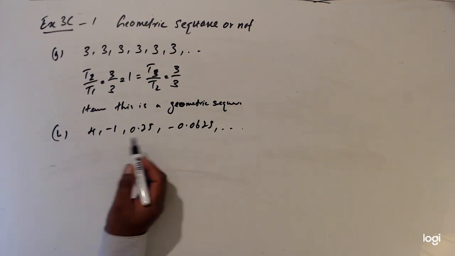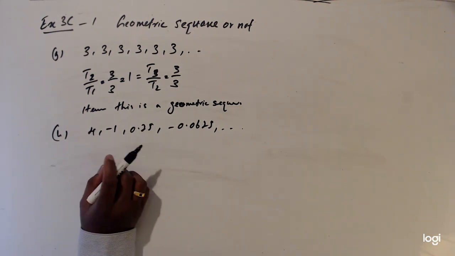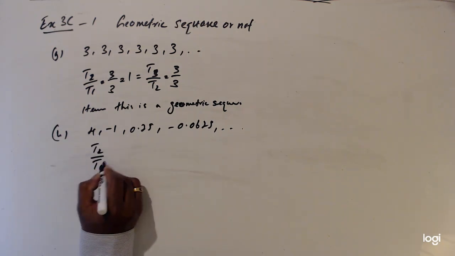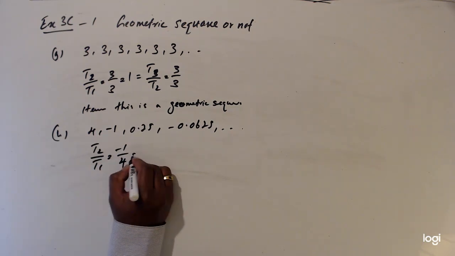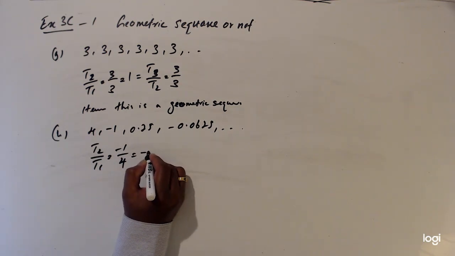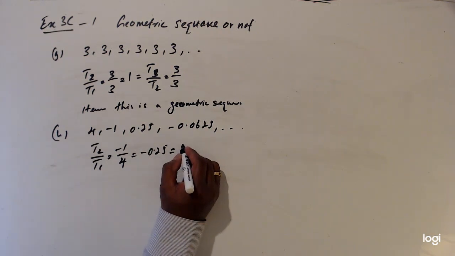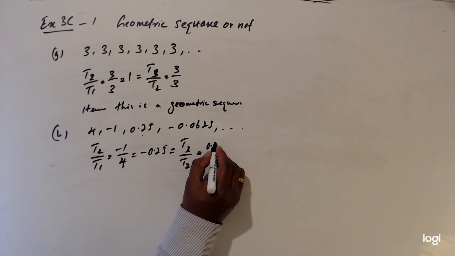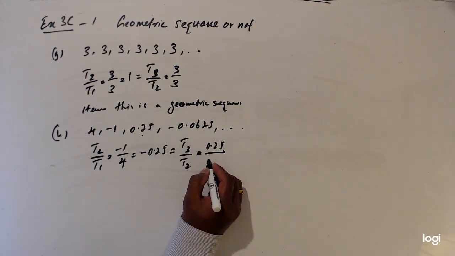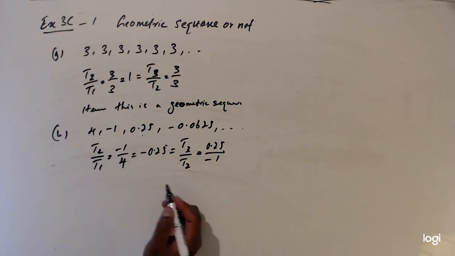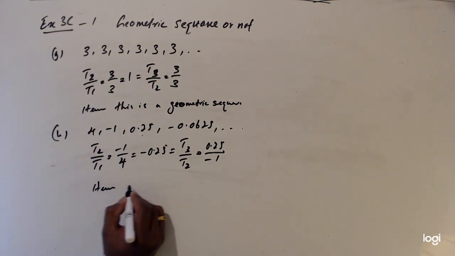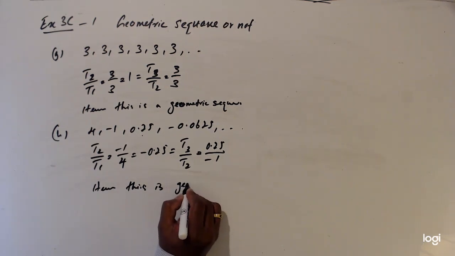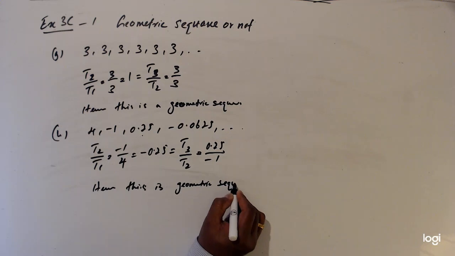The sign is alternating, but the magnitude is same. So second term divided by first term is minus 1 over 4, equal to minus 0.25. This is equal to term 3 over term 2. Term 3 is 0.25 divided by minus 1, equal to minus 0.25. Hence, this is a geometric sequence.